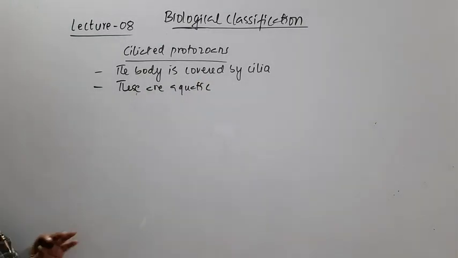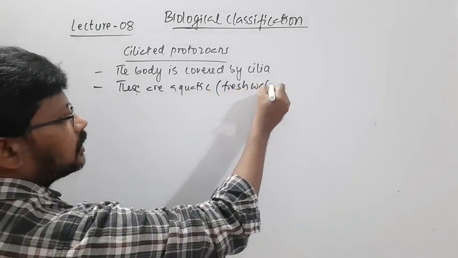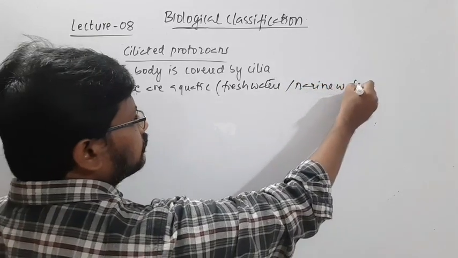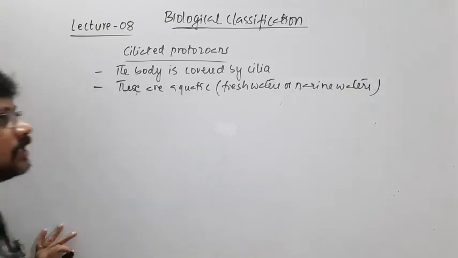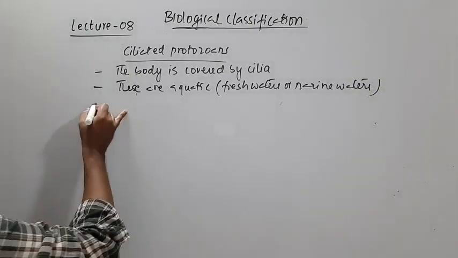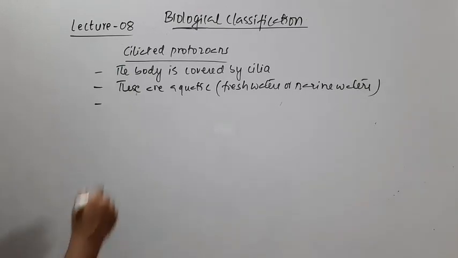That is either fresh waters or marine waters. So they live in fresh or marine waters. Then they are very much active and move very quickly due to the presence of cilia.